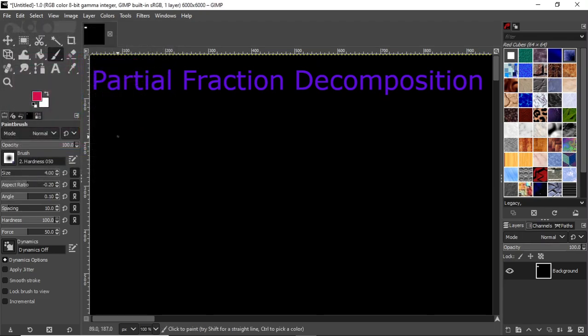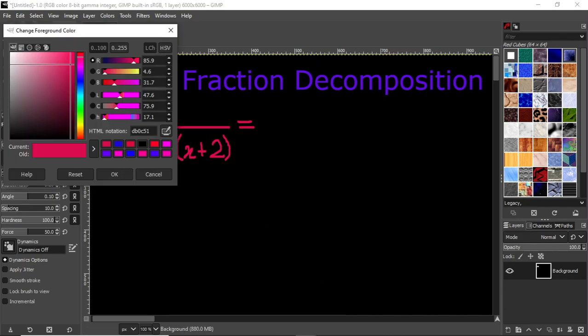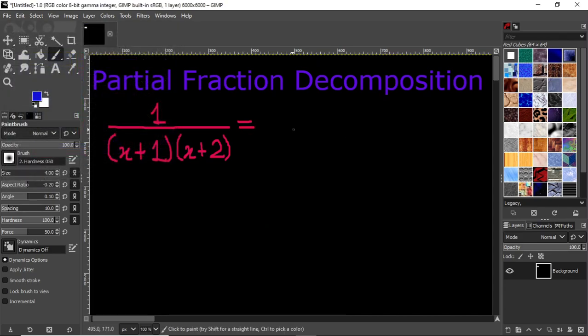So if I have this fraction 1 over x plus 1 into x plus 2, this is going to be the same as 1 over x plus 1 minus 1 over x plus 2, and you can prove it to yourself pretty easily.